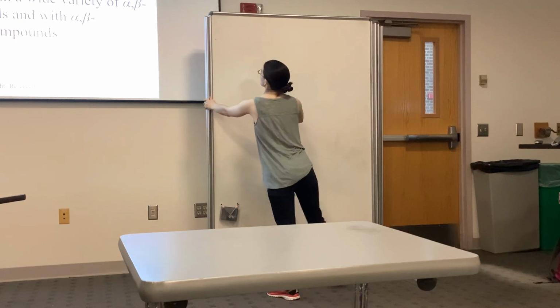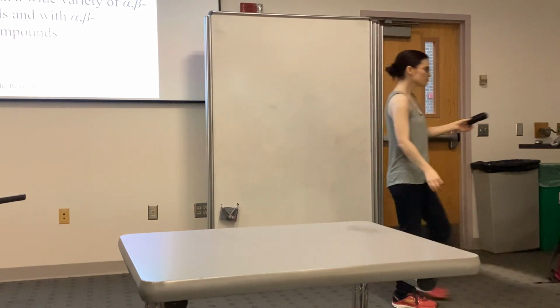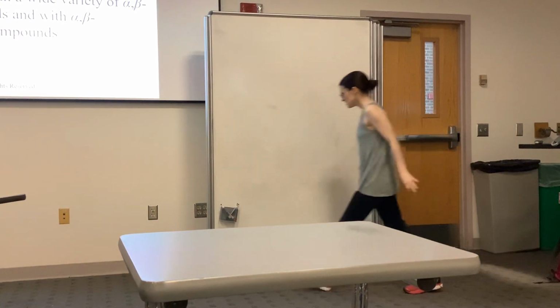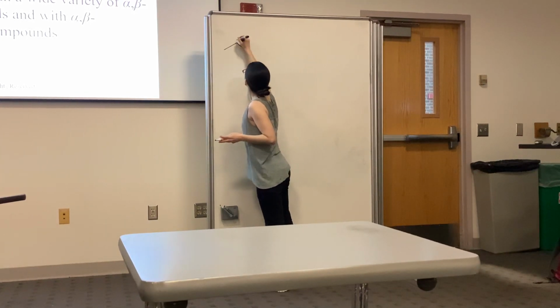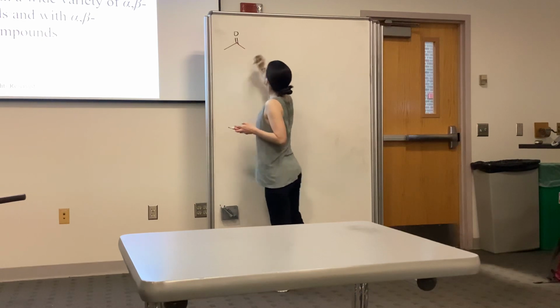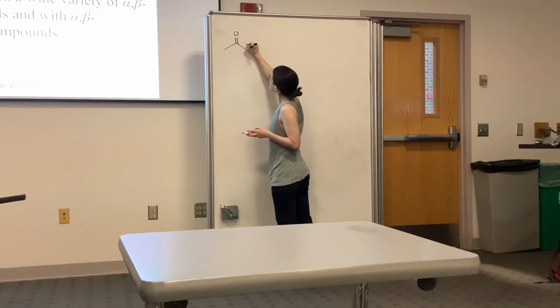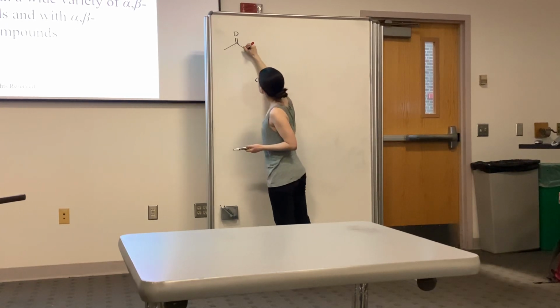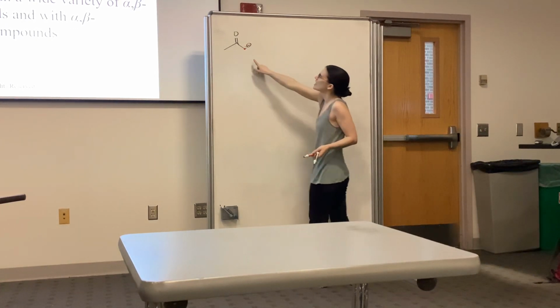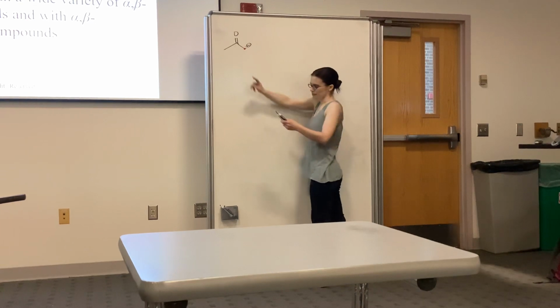So what we end up with is we have our, God, I just don't like pointing at things, I like drawing them. All right, so we deprotonated here, so we've got that lone pair and a negative charge. This is our donor carbon, our nucleophile.